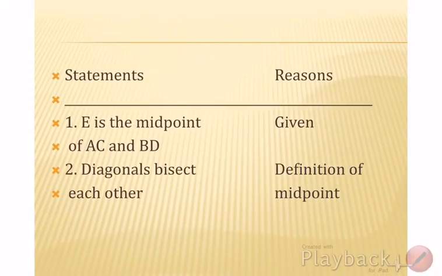Well, midpoint is the definition of making a line marked into 2 equal distances, or bisect. Diagonals bisect each other by definition of midpoint. Diagonals that bisect each other is one of the properties of a parallelogram.